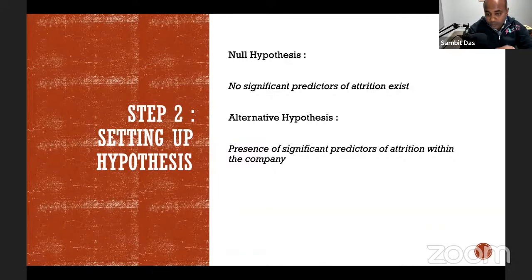If we are able to prove that the alternative hypothesis is true using our analysis and data modeling work, then we can showcase that there is strong proof that we have factors that predict attrition. So this is where we want to start modeling and understanding if there is any evidence. Okay, so that is step two. All right, let's go to the next.